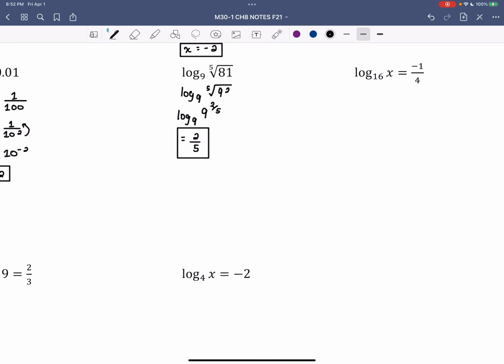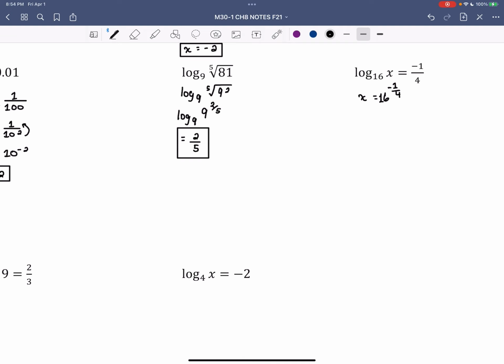And log base 16 of x equals negative 1 over 4. This time we're solving for the argument. If we use the log base b of b to the power of n equals n rule, this means that the argument x has to equal the base 16 to the power of the exponent negative 1 over 4.